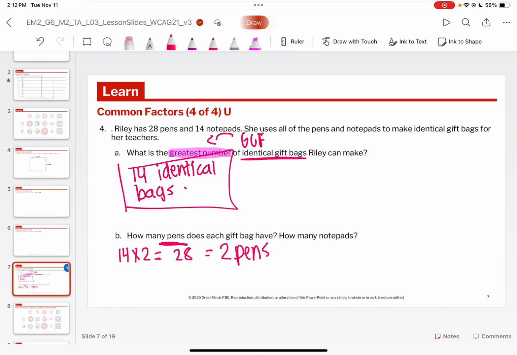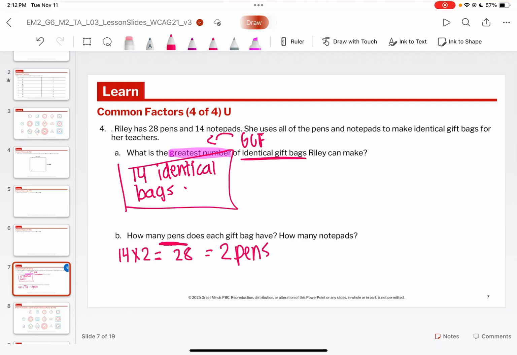In number 18, how many notepads? Okay, you can get to it though. How many notepads go in each bag? How many bags do you have? 14.